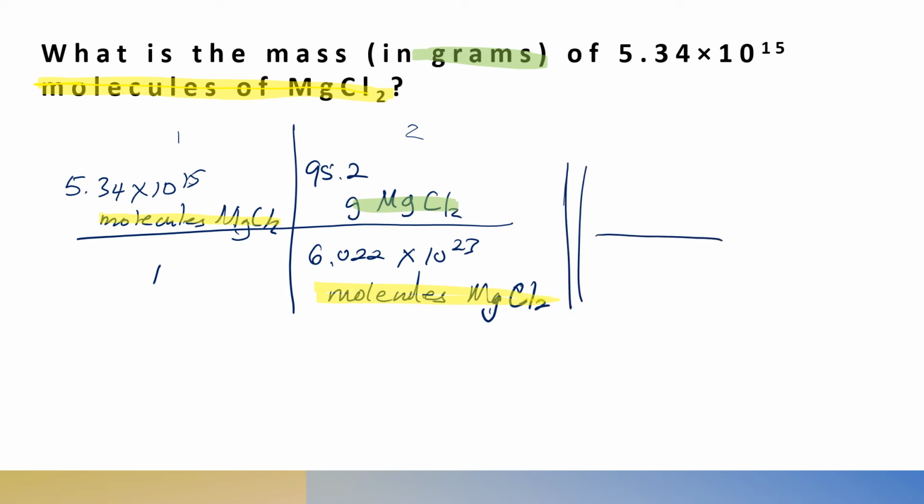So my numerator was 5.08 E17, and 6.022 times 10 to the 23 on the bottom.